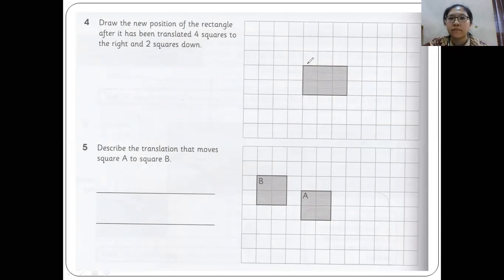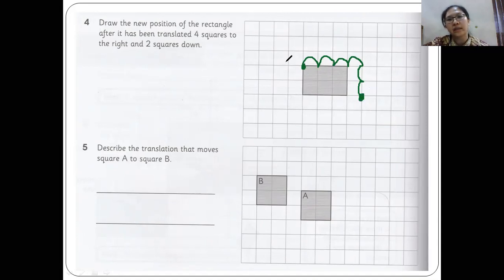So if I would like to translate this point 4 squares to the right, 1, 2, 3, 4 squares to the right. But I haven't finished. It said and 2 squares down, so I translate 2 squares down. 1, 2. So this point is now translated over here.